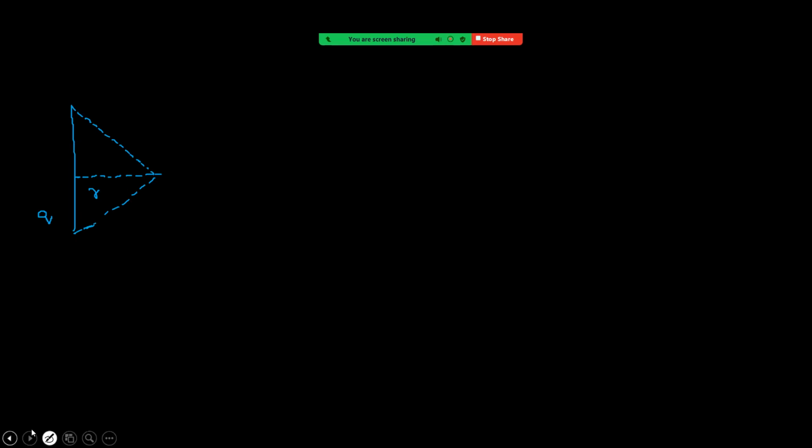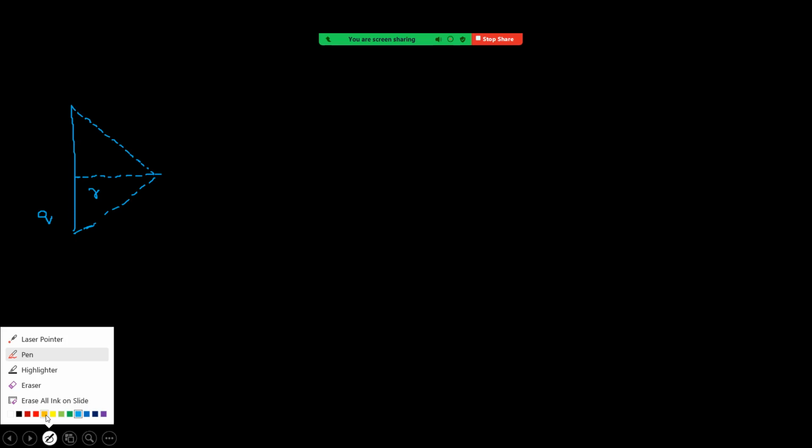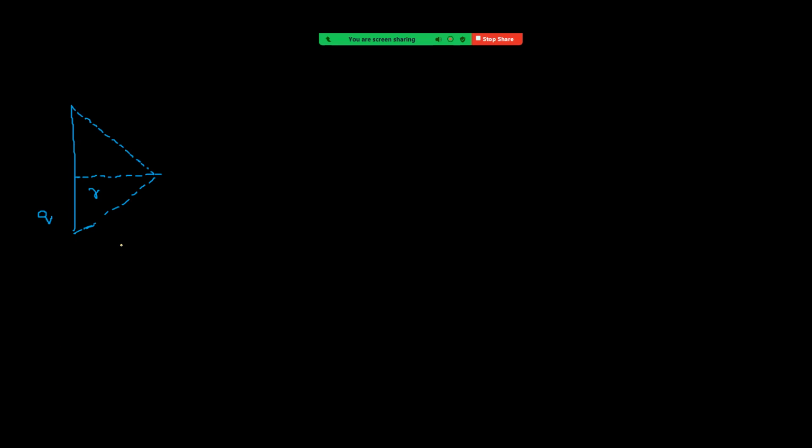Let us take those angles as alpha and beta. So the lines joining the ends make angles alpha and beta with the normal drawn. In terms of Q, R, alpha, beta, we have to find the strength of the field at this point.